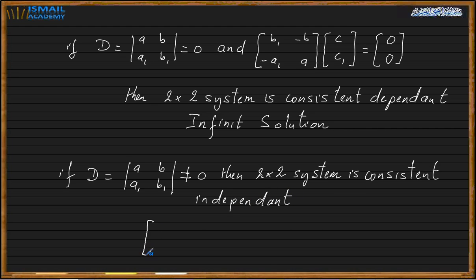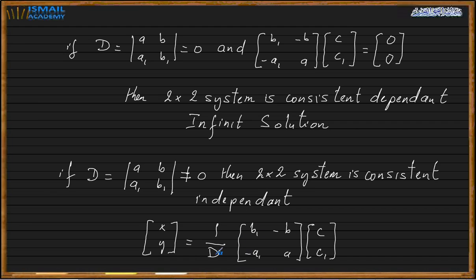The solution x, y equals 1 over the determinant times the transpose of the cofactor matrix of the coefficient matrix, so b1, minus b, minus a1, a, times c, c1.